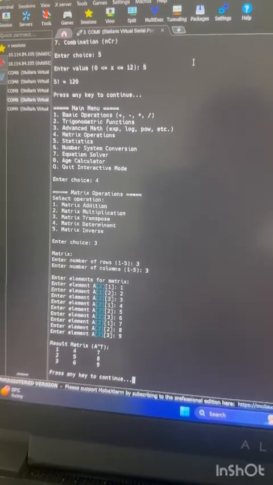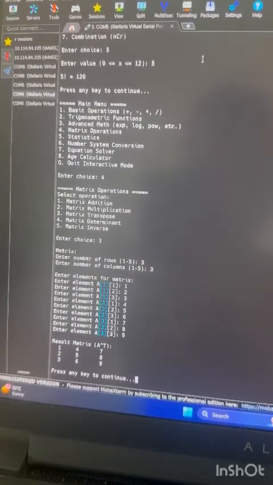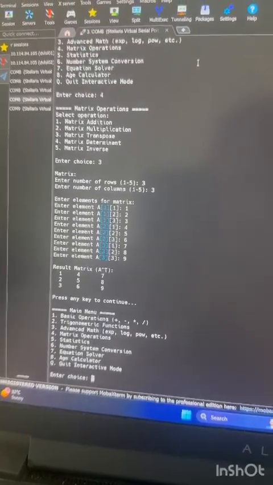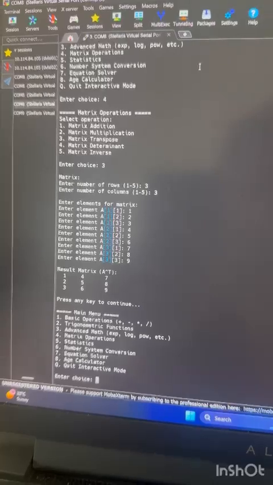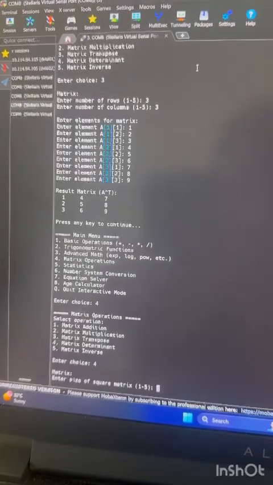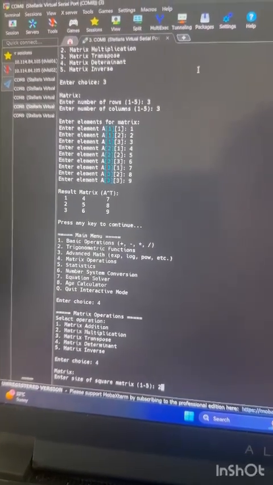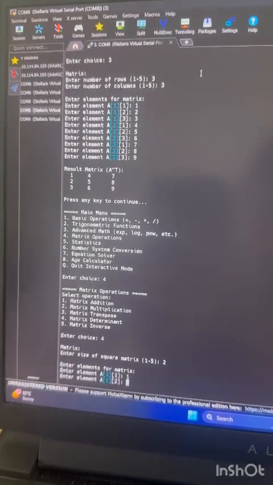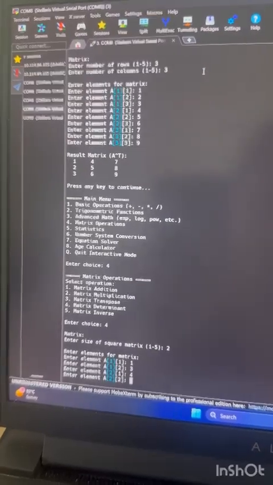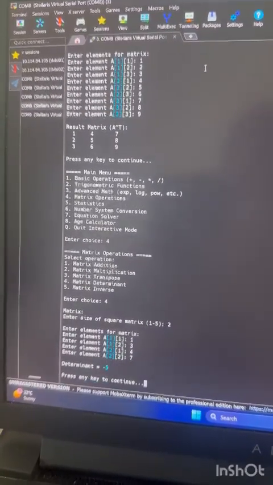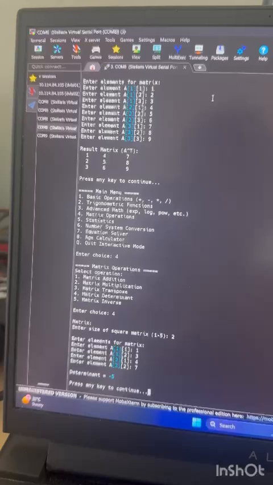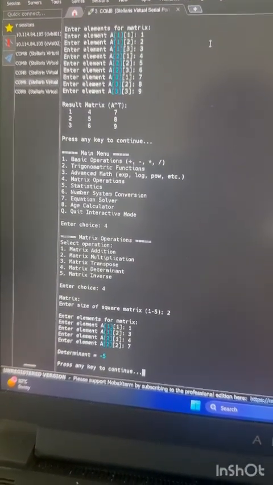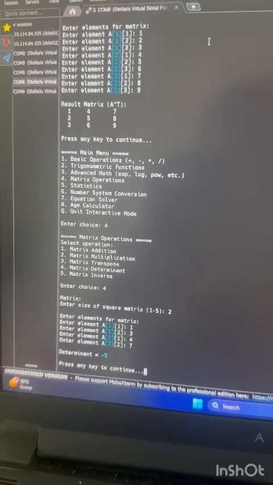As you know, rows change to columns and columns change to rows. Next one will be the determinant. The answer is -5, that is 7 minus 12.